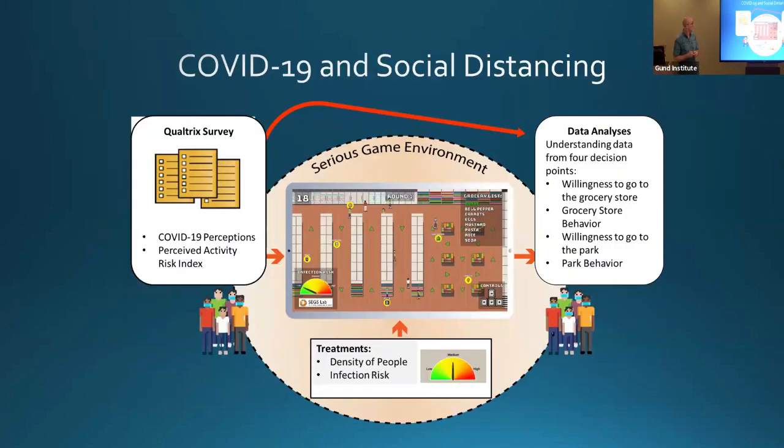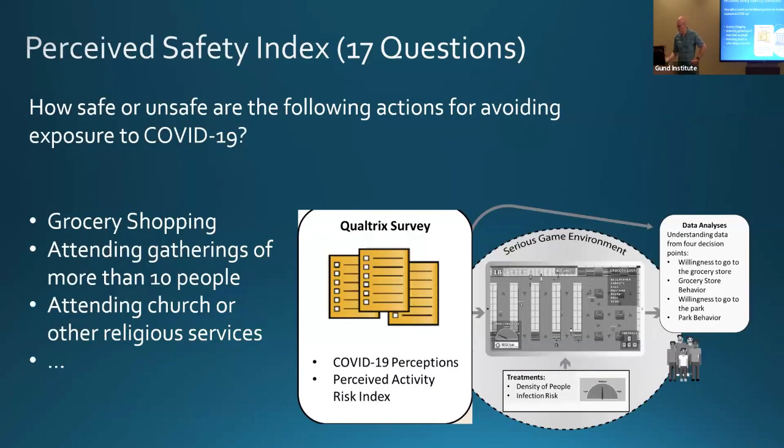Dipping into the gun catalyst work, we developed a game looking at social distancing and behavior when COVID was just really a crazy thing out there. We didn't know much. We were trying to understand what would influence that behavior. One of the first things we did is ask people a bunch of questions about their perceived safety.